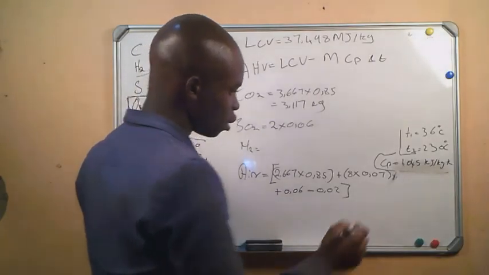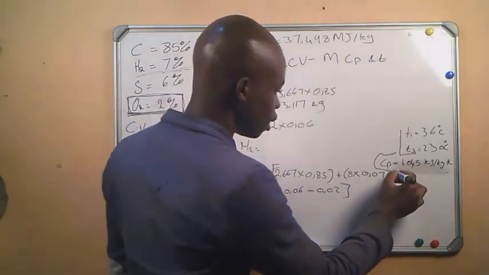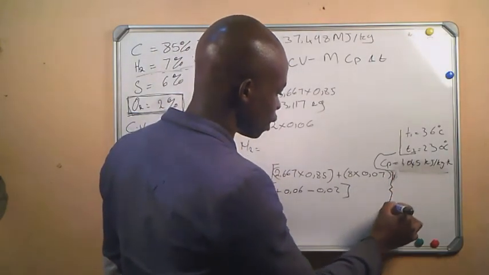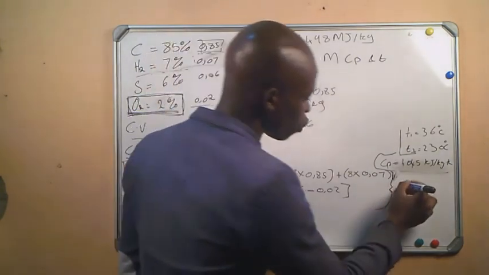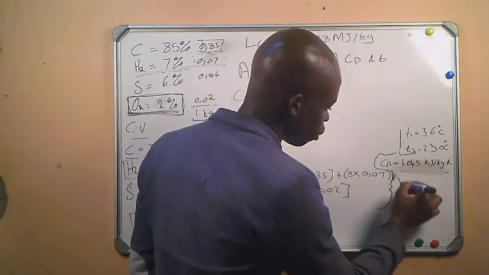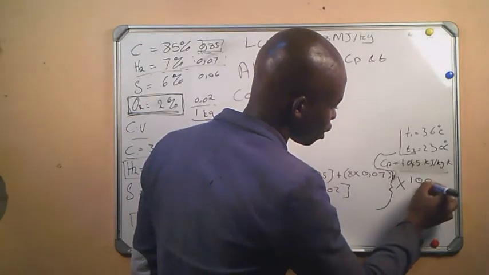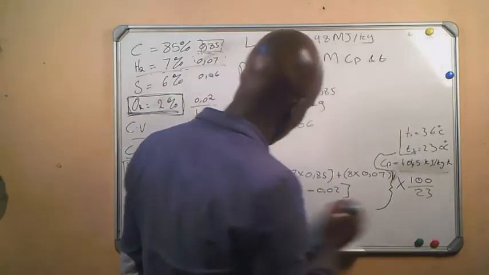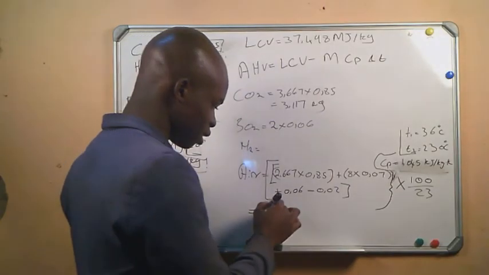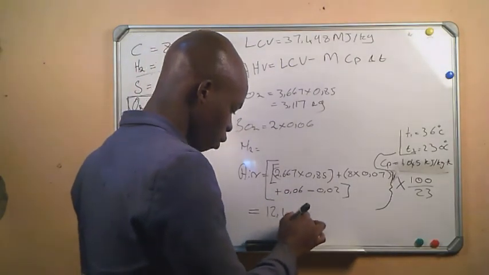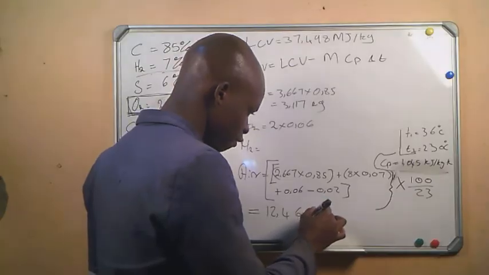This will give us the total amount of oxygen, but we are looking for the amount of air. Then we will say times 100 divided by 23 to get the amount of air in the system. And then I got that the amount of air in the system is 12.465.